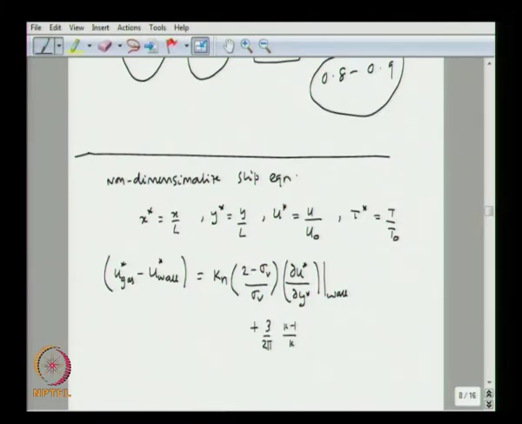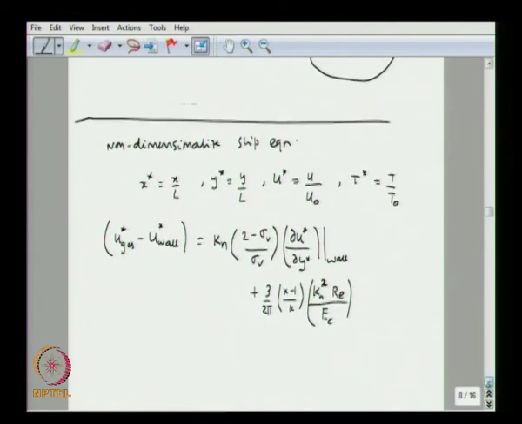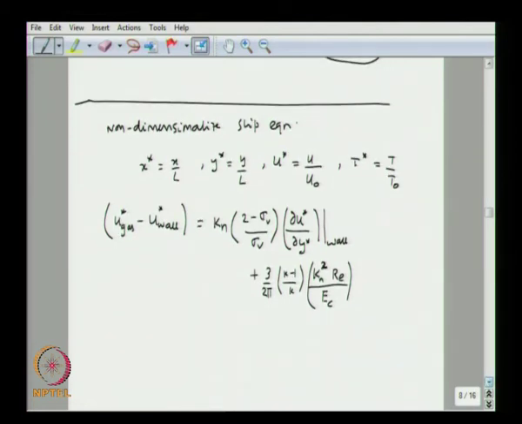So, this is the specific heat ratio, into Knudsen number squared, Reynolds number squared, divided by Eckert number, which is the ratio between the kinetic energy and the enthalpy of the flow, into del T star over del x star at the wall.